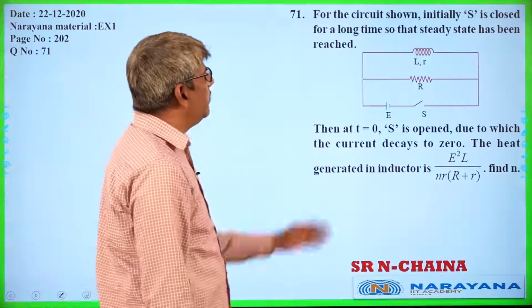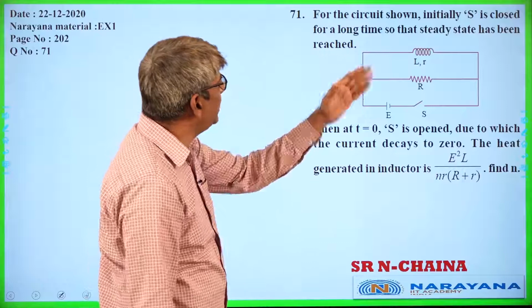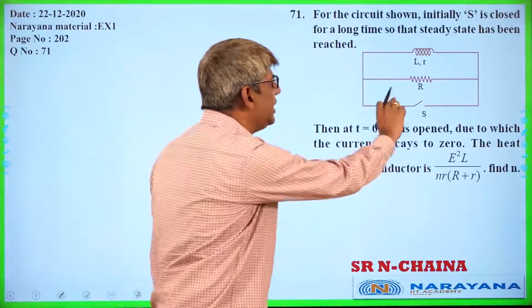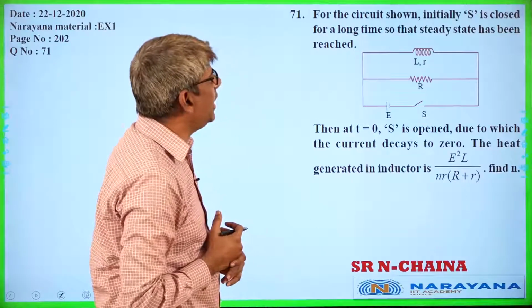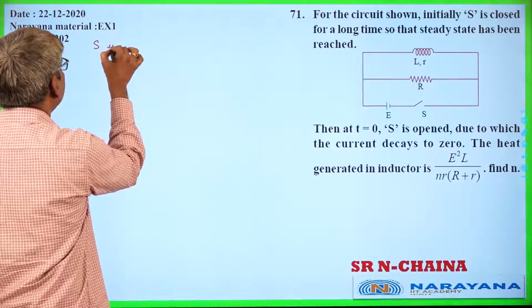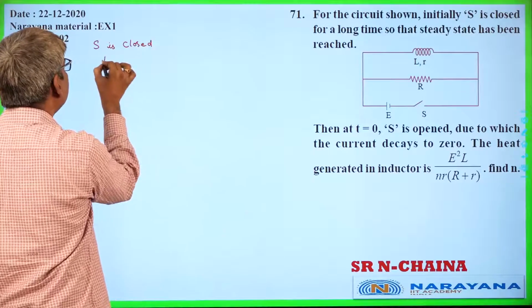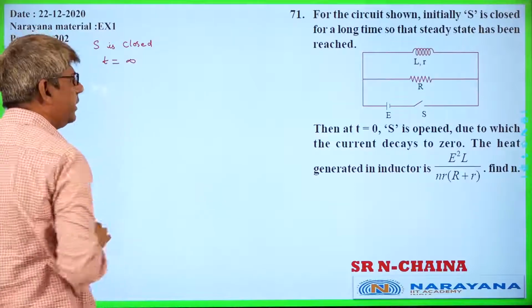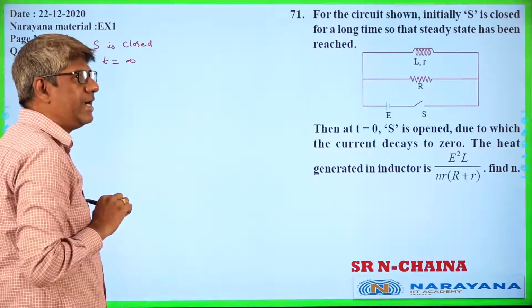Next, for the circuit shown, initially S is closed. Initially S is closed means growth of current. S is closed for a long time, means t is equal to infinity, so the inductor will act like a conducting wire.